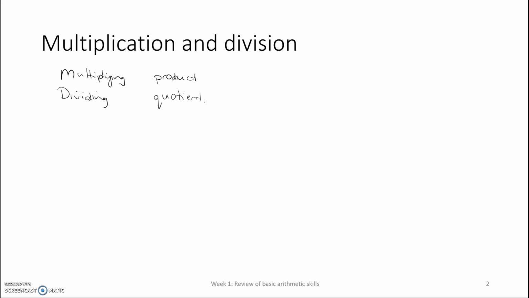So if we have two positive or two negative numbers, that gives us a positive number. For example, 12 times 2 is 24, and negative 12 times negative 2 gives us 24.